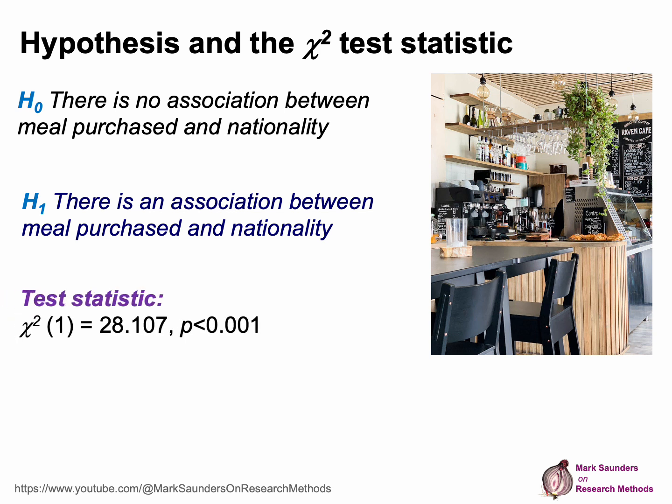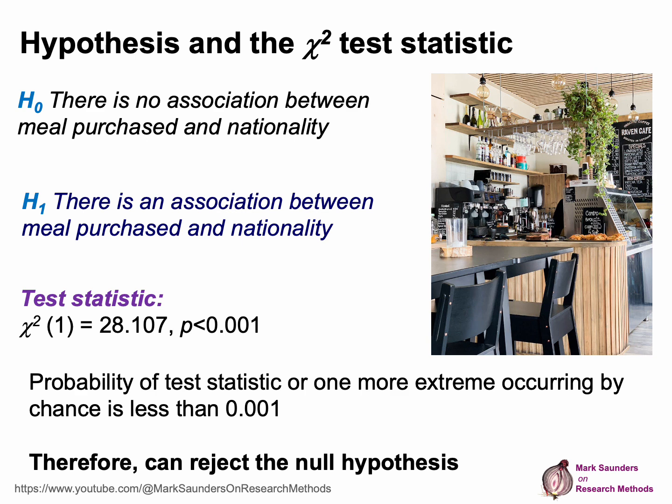The test statistic chi-square with 1 degree of freedom equals 28.107 with a probability of less than 0.001. And the probability of a test statistic or one more extreme occurring being less than 0.001 means we can reject our null hypothesis.